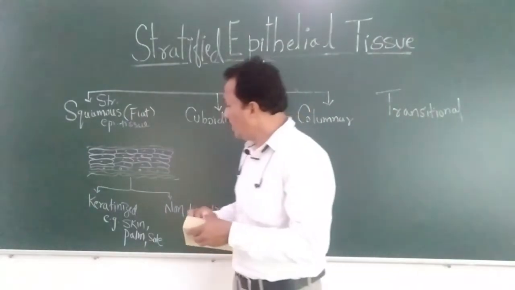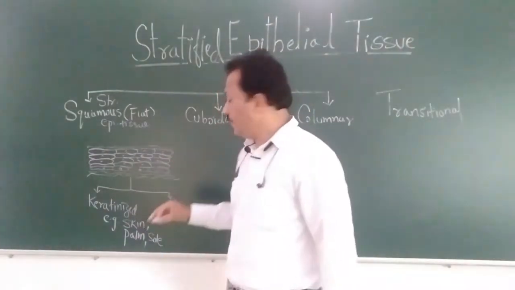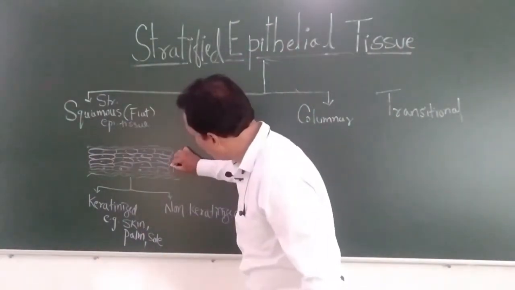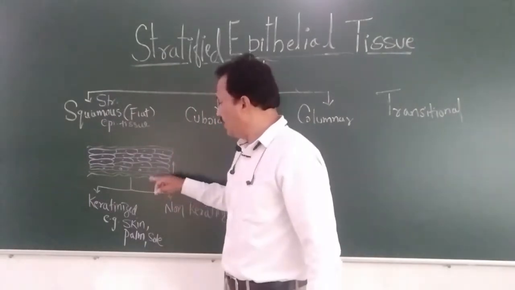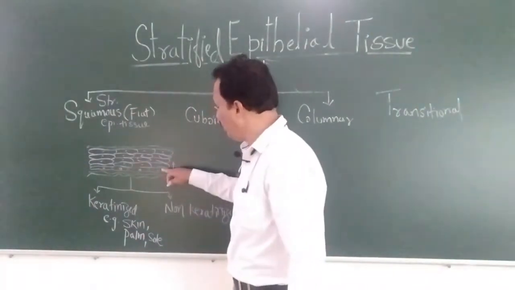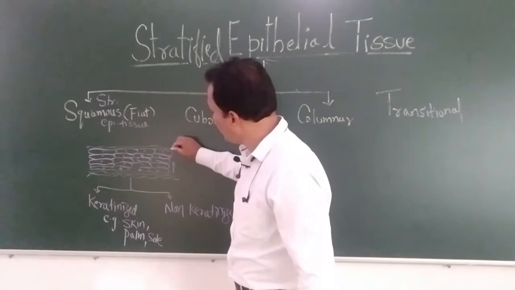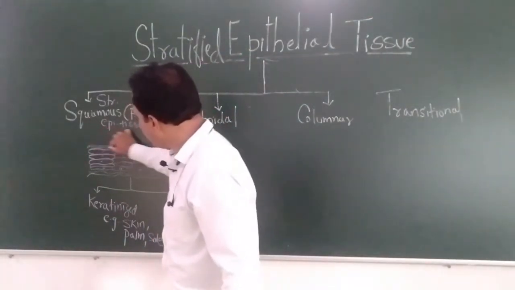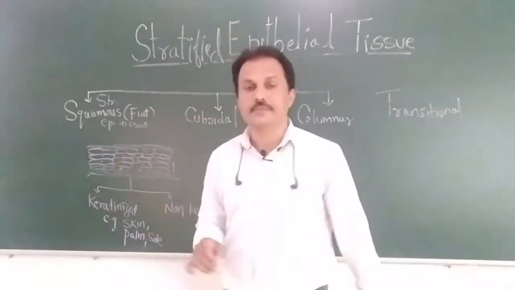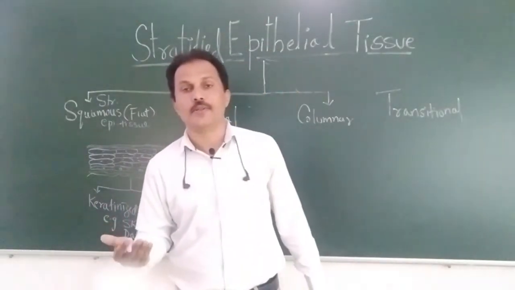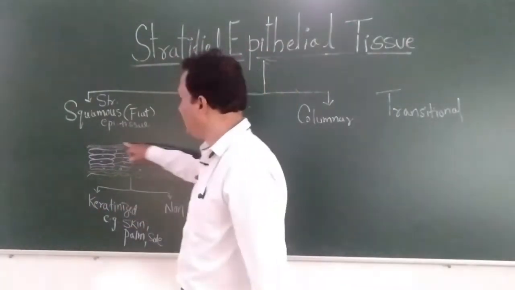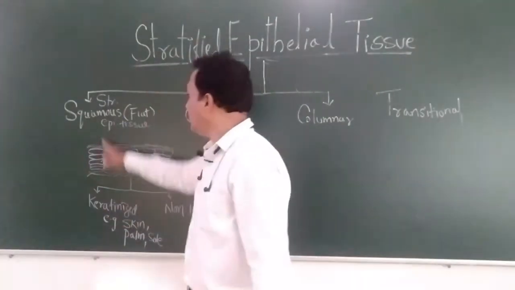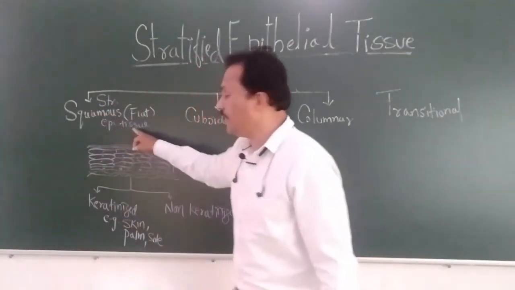When we talk about these layers of cells, they grow from bottom to top, and as new cells are formed at the bottom, old cells are carried to the surface, and when they come to the surface, the cells die, and you may find a deposition of keratin at this layer in keratinized stratified squamous epithelial tissue.